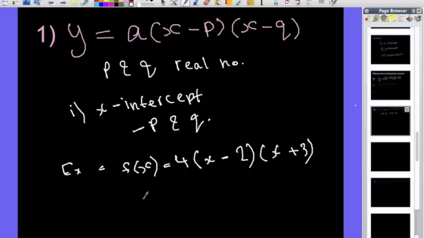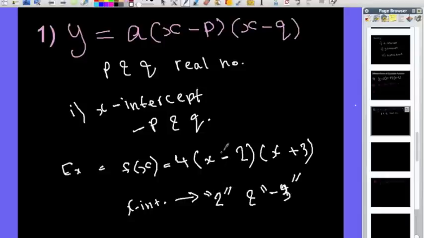In this case, our x-intercepts are 2 and -3.